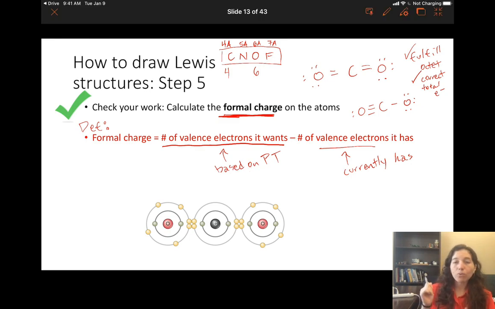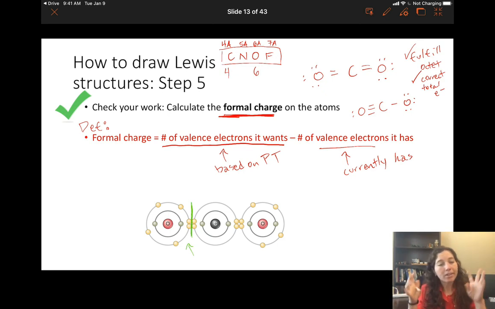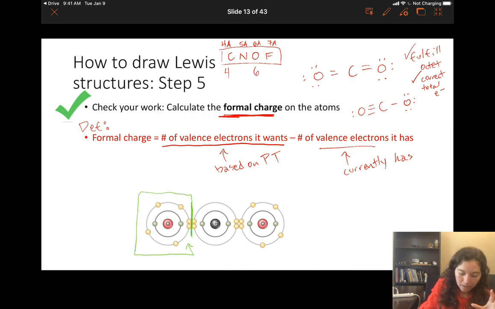So formal charges only count valence electrons, not all of the shared electrons. So shared electrons are not necessarily valence electrons. We can see here in these structures that some of these electrons belong to the oxygen, other ones belong to the carbon. They are technically being shared. But we can say that these electrons here in this oxygen's electron shell are its valence.